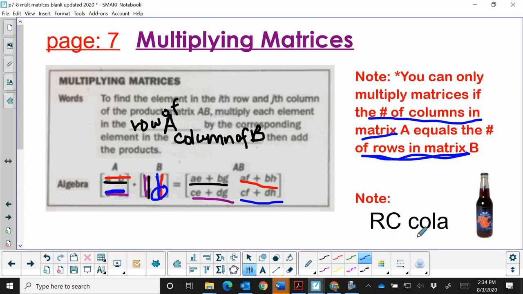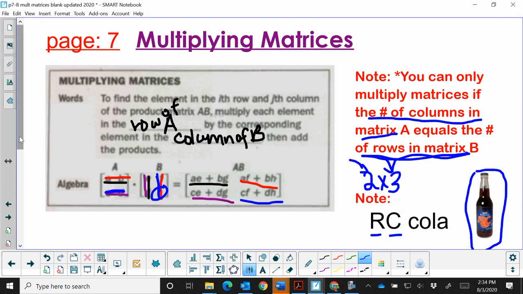But remember, RC, whenever you see a dimension, it's always rows, columns. So if you see a 2 by 3 matrix, remember the 2 represents how many rows you have, and the 3 represents how many columns. And if you think about an RC cola, that kind of helps you remember it's rows and columns.